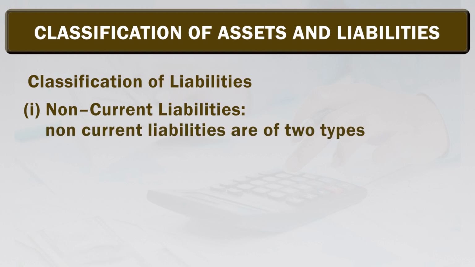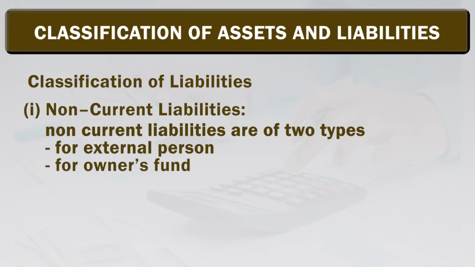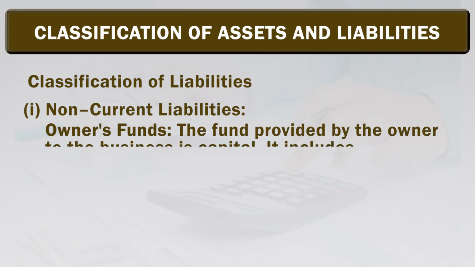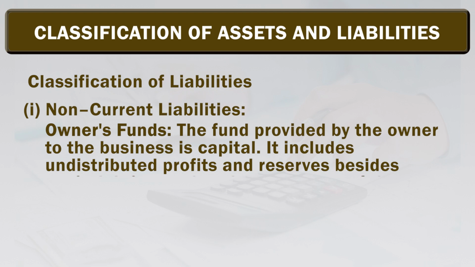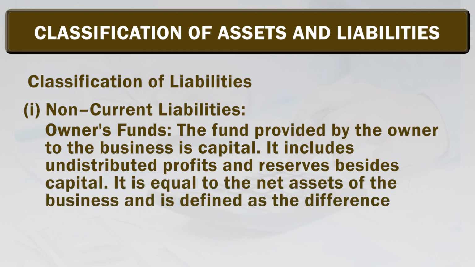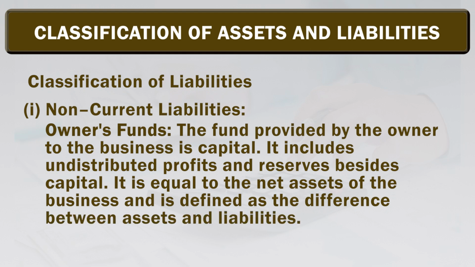Non-current liabilities are of two types: one is for external persons and number two is owners' fund. Here, owners' funds are treated as non-current liabilities. These funds are provided by the owner to the business as capital. It includes undistributed profit and reserves in addition to capital. It is equal to the net assets of the business and is defined as the difference between assets and liabilities.